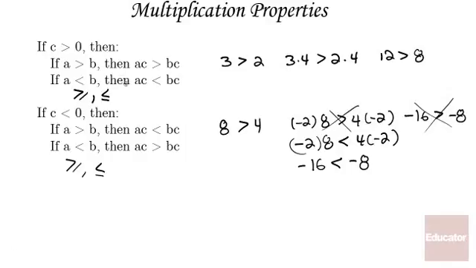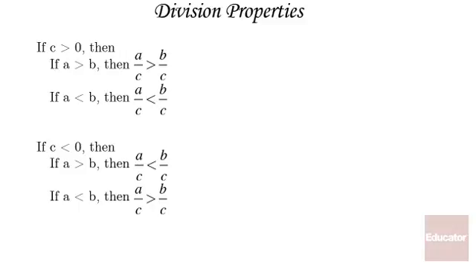So multiplying by a positive number, the solution set of the resulting inequality is the same as the original. Multiplying by a negative number, you need to reverse the inequality sign in order for the solution set for this inequality to be the same as for the original. Similar idea with division.